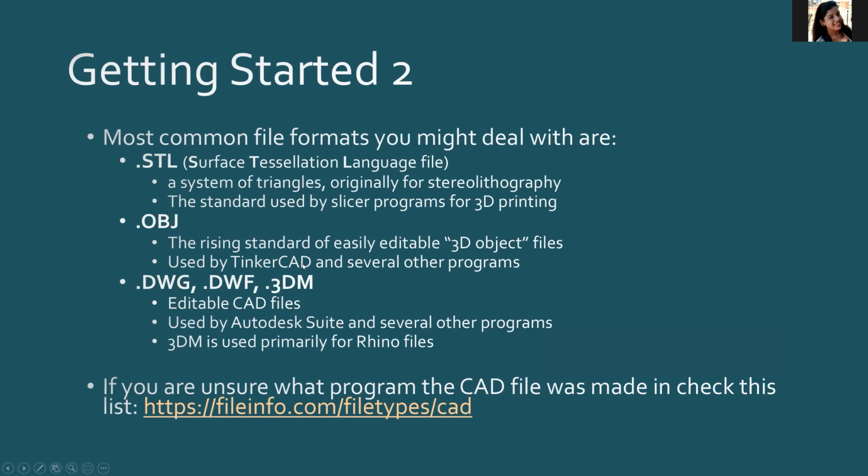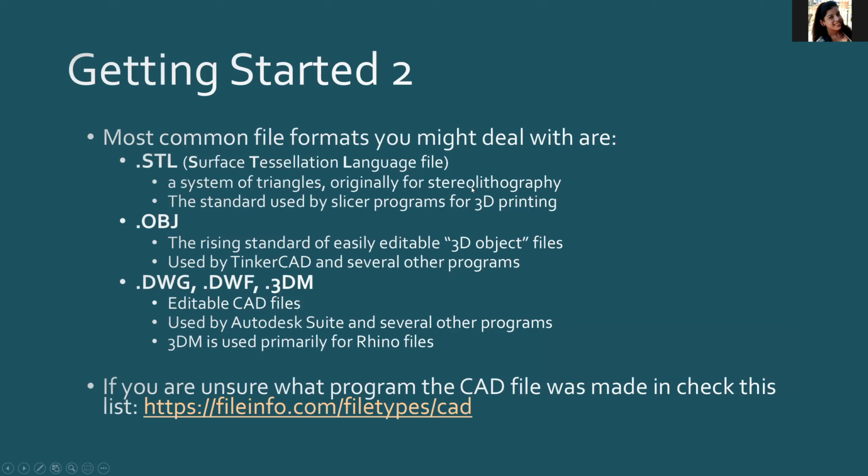Yeah, and so the primary file type that Rhino uses is 3DM. It's kind of their own file extension, but you can bring in other things. Like you can now bring in SVGs, and you can bring in DWGs, OBJs, everything.